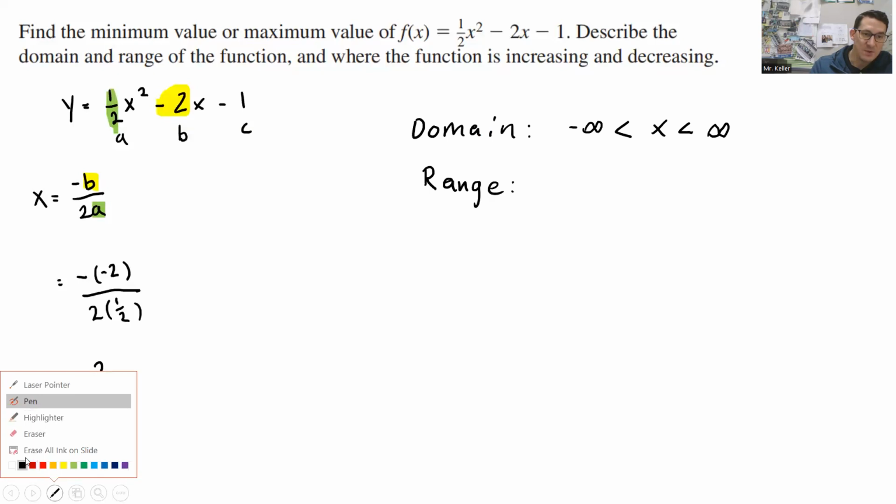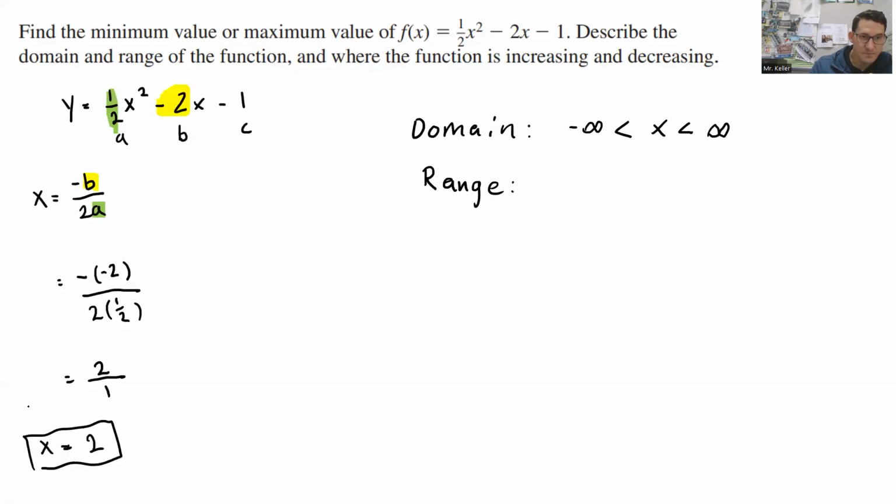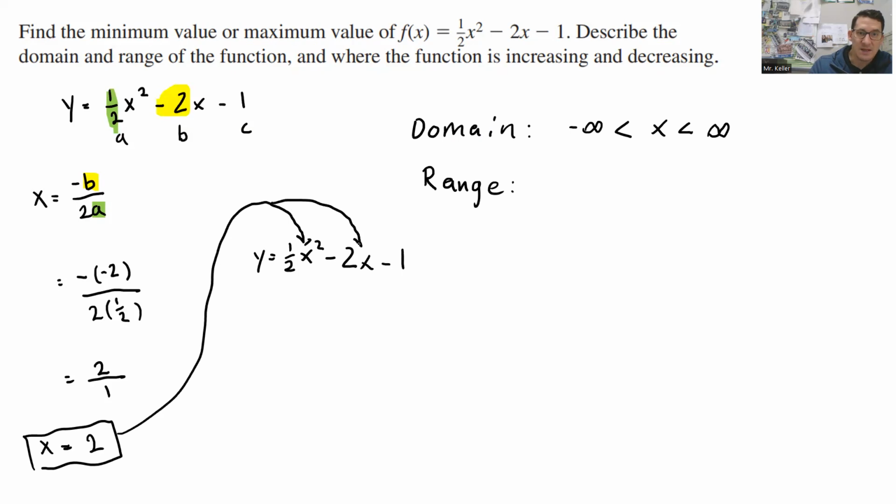So what we need to do is plug this back in to the equation. y equals 1/2 x squared minus 2x minus 1. This 2 is going to go into the x squared and the x here. We're going to replace those. So it's going to be 1/2 times 2 squared minus 2 times 2 minus 1.